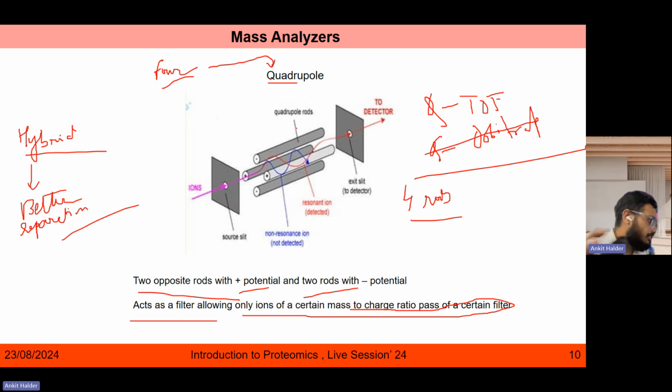In this way, it leads to better separation and effective identification of protein or peptide ions at the end.